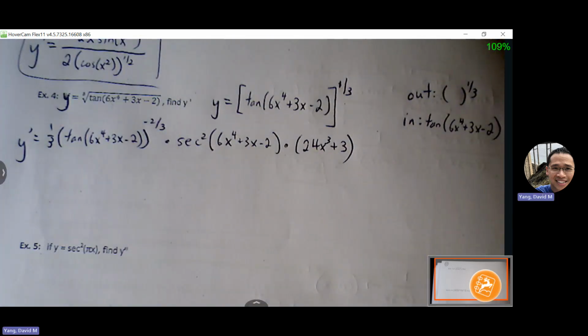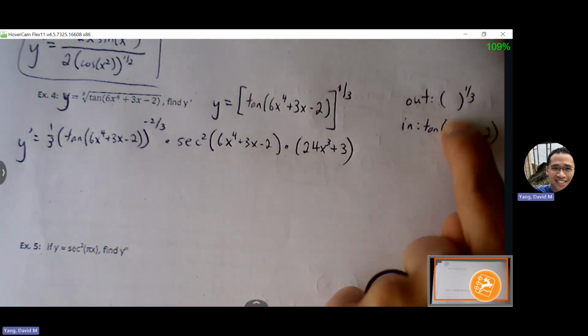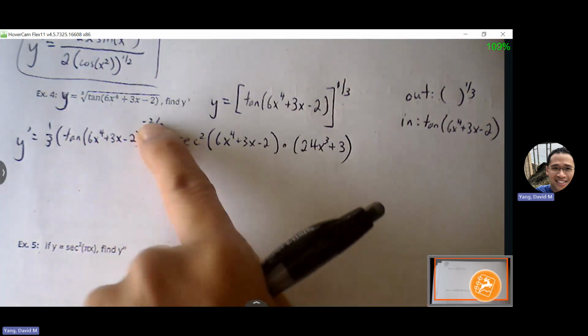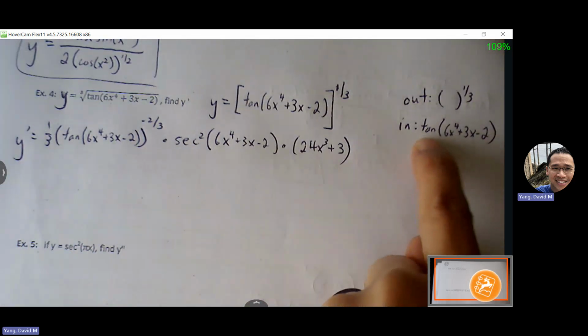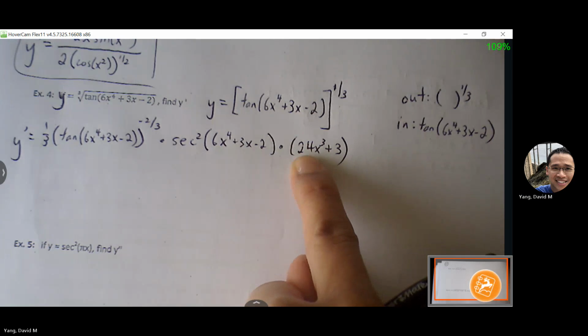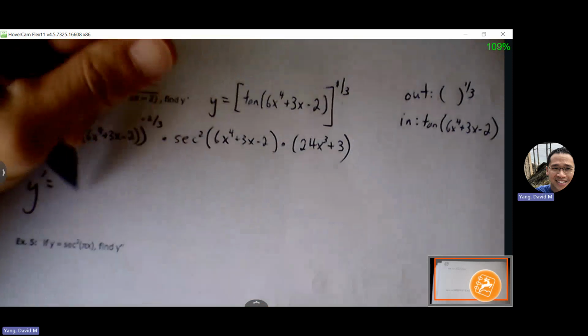Okay, very much the same pattern as example 3. We identify the outside portion, we identify the inside portion, we take turns with their derivatives. Chain rule, 1/3 parentheses to the negative 2/3. That takes care of the outside. The inside, tangent of u becomes secant squared of u times u prime. Okay, so now we're just trying to clean things up here.